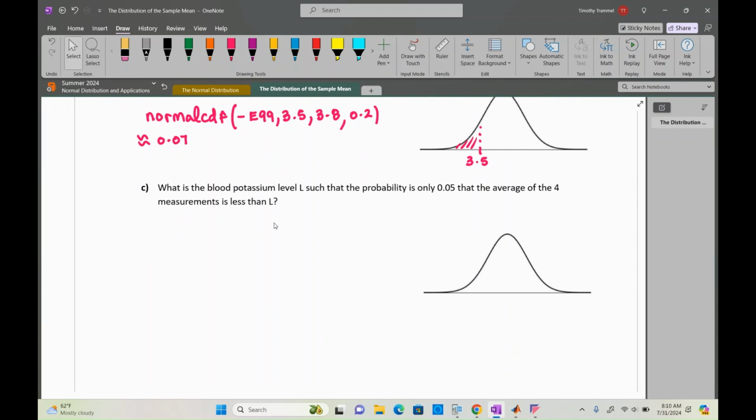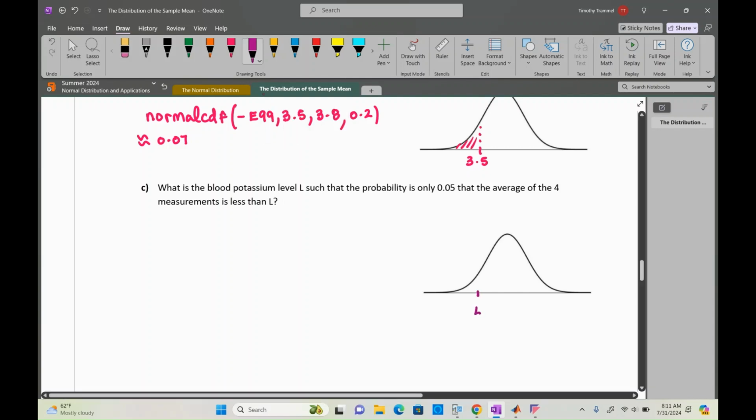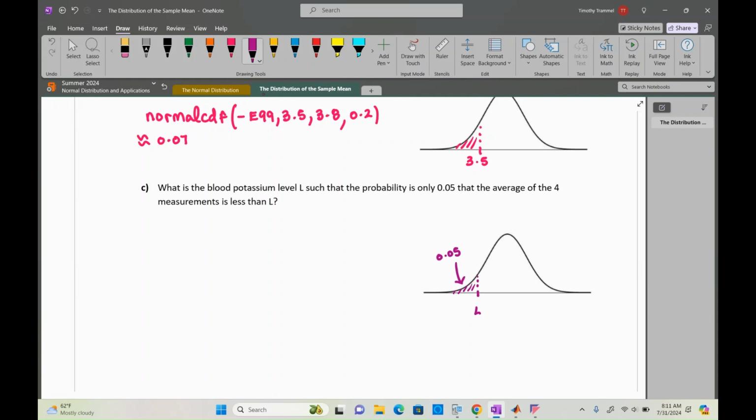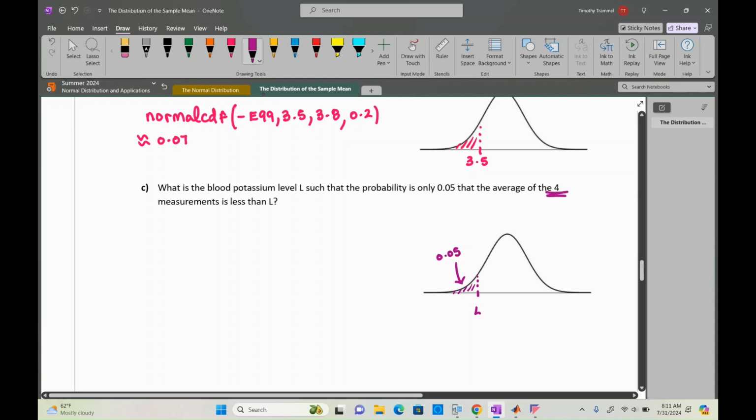So what they're trying to tell us is that there's some spot here on the x-axis, L, such that the area to the left of it is only 0.05. Or the probability of landing at L or below is 0.05. Now, this does say for 4 measurements, so we will be working with our sampling distribution.